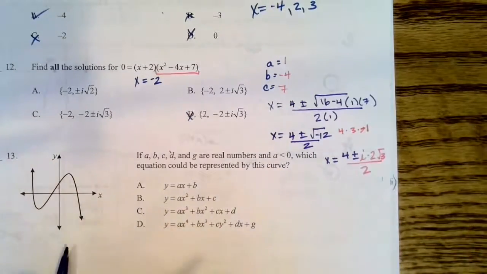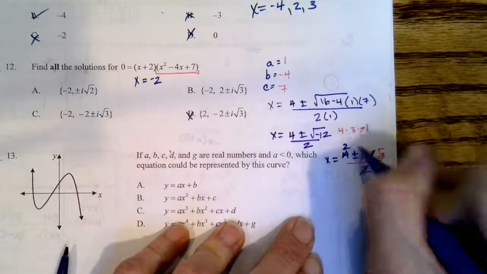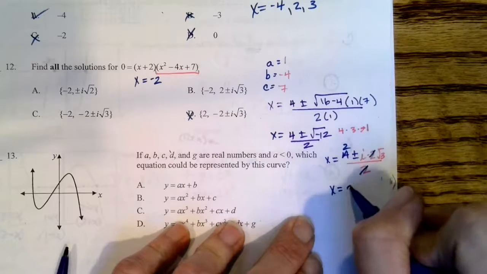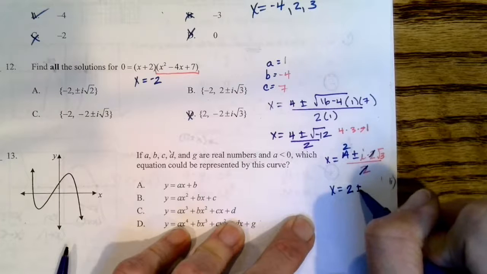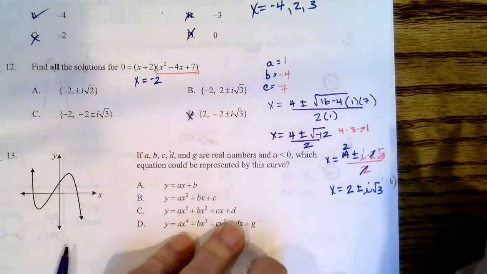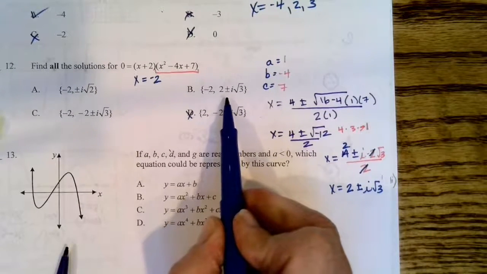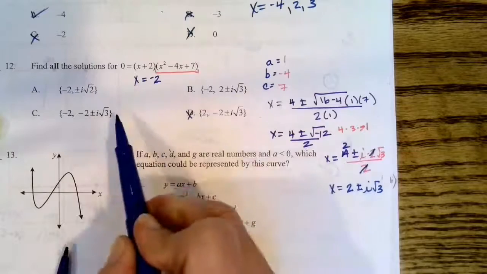So when I factor out my common factor, 2 comes out of all of these, giving me x is equal to 2 plus or minus i root 3.